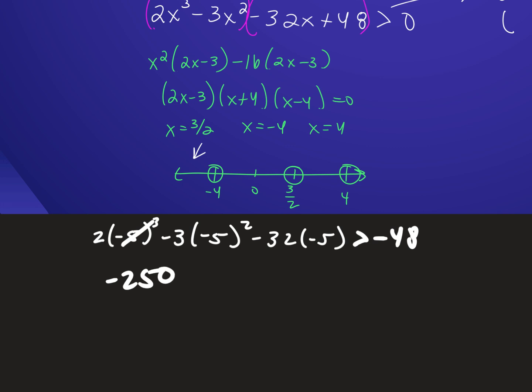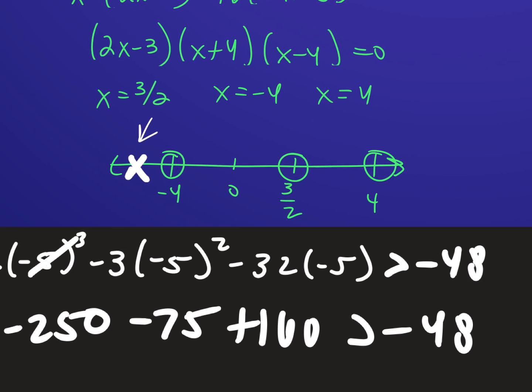What's negative 5 squared? 25 times negative 3. Negative 75. What's negative 32 and a negative 5? Plus 160. All right, is that greater than negative 48? It's not. So do I shade over here? No. All right, check the next section.